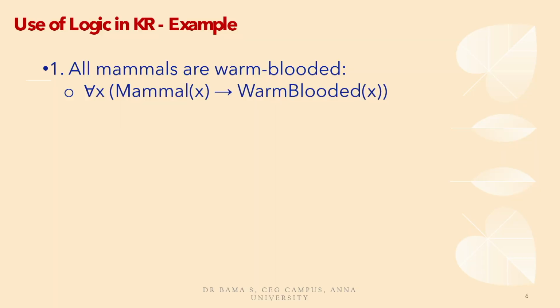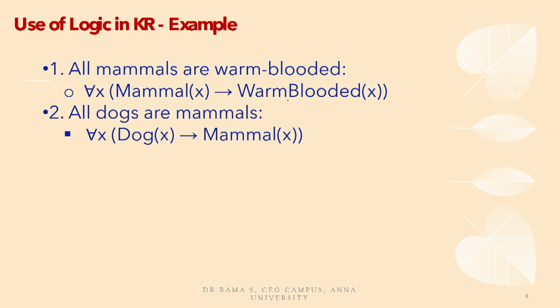Now, in knowledge representation, how we are going to use it is shown in a simple example. The first example is: all mammals are warm blooded, and in predicate logic we would say for all x, if x is a mammal, then x is warm blooded. The second one, which is connected with the first, is all dogs are mammals: for all x, if x is a dog, then x is a mammal.